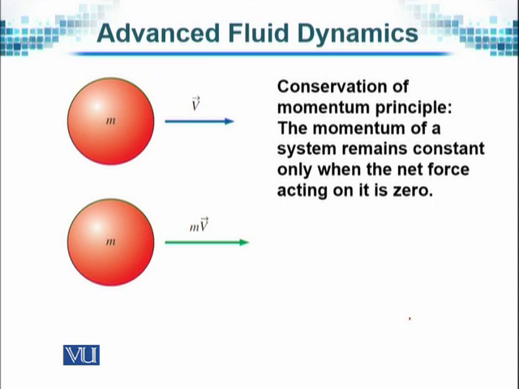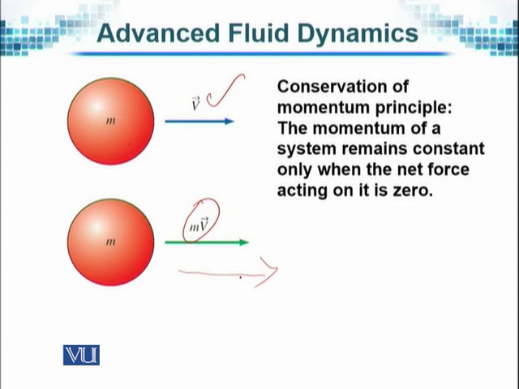So if there is a certain quantity of fluid, as represented here by m, the mass of the fluid that is under consideration, moving with a certain velocity v, then mv is its momentum, indicated in the direction of velocity.